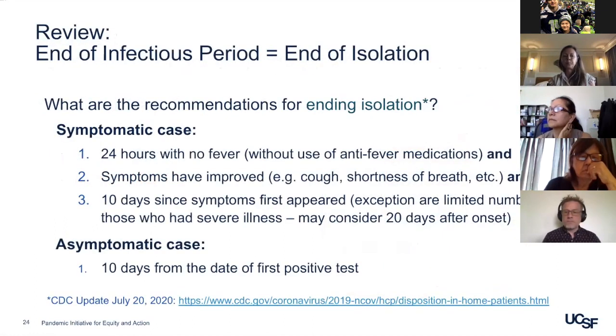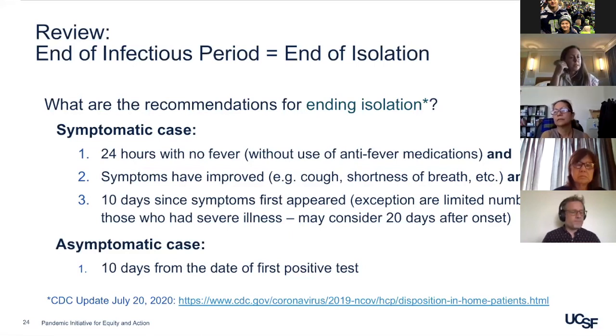So here we are getting into that review of the end of the infectious period, end of isolation. So we have several circumstances, really 3 key points for noting the end of isolation. This is where it can seem complicated, but really the key point is to remember that it's generally 10 days since symptoms first appeared.